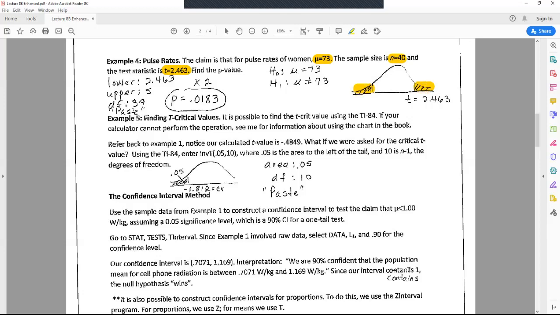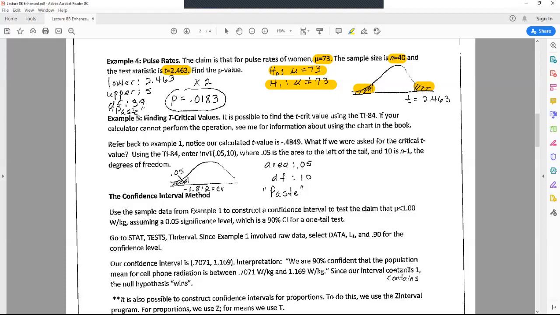And when we do a two-tail, we're going under the hypothesis that the average is not equal to. Why not equal to? Because the average pulse rate for women could be less than 73 or greater than 73. And since they did not use greater than or less than, this is going to be a two-tailed test.